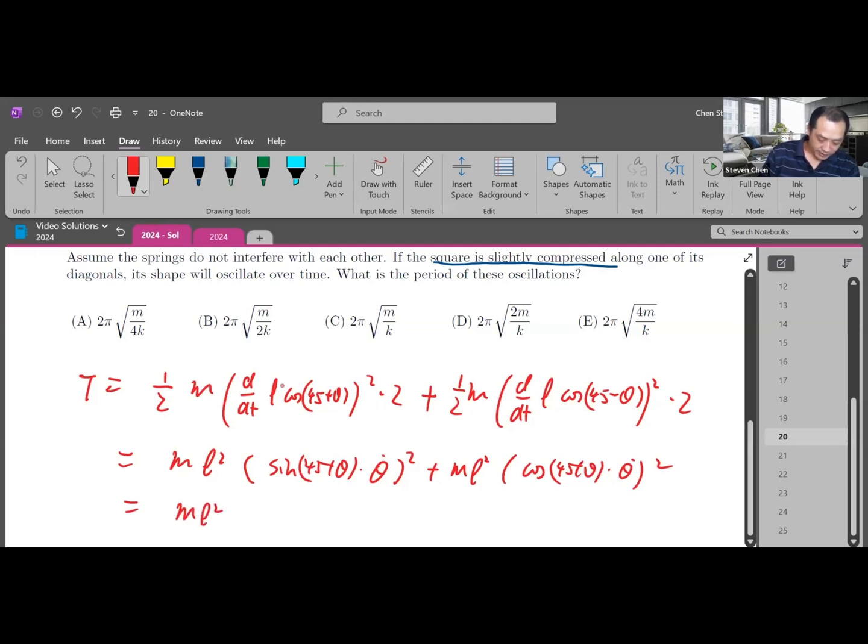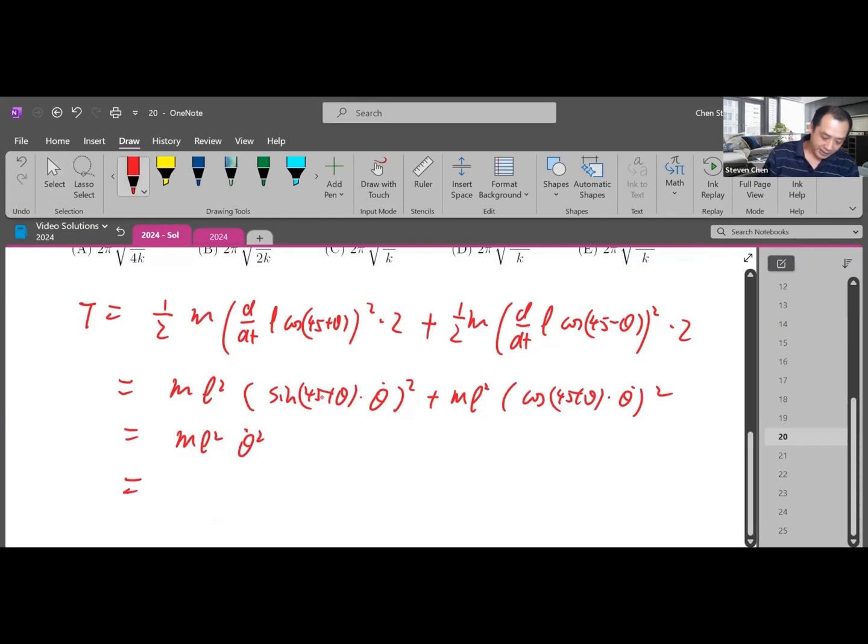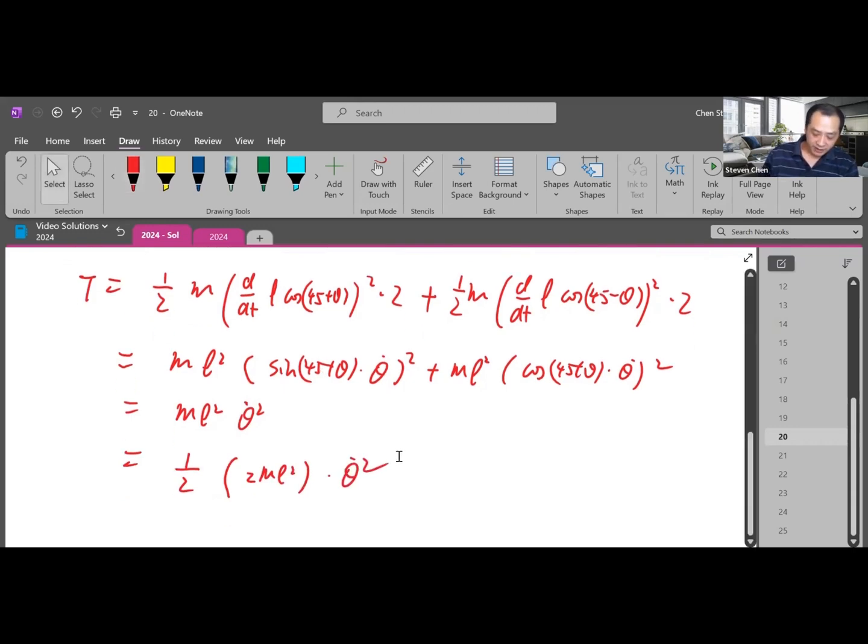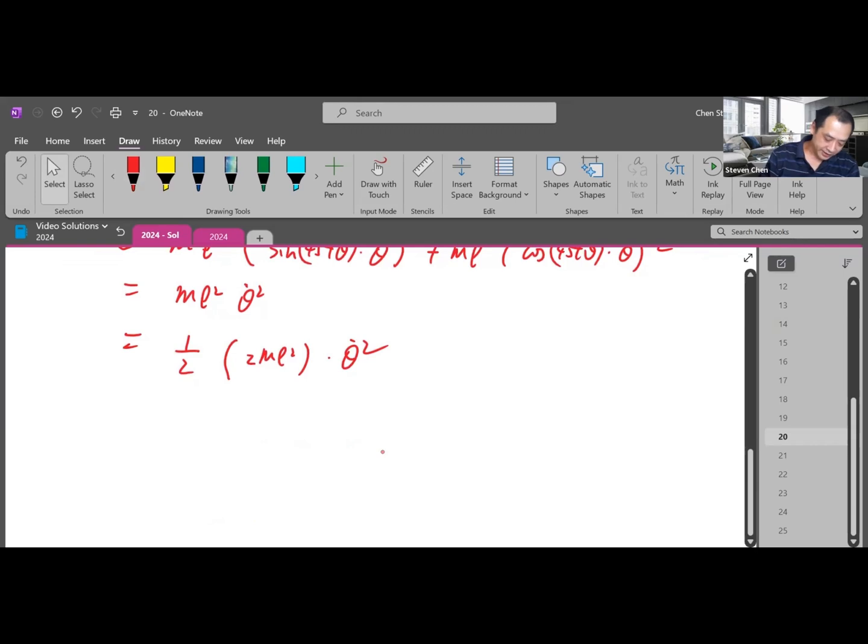So it's equal to mL squared theta dot squared. You write it in the standard form as 1/2 of 2mL squared times the square of the derivative of the generalized coordinate. This is the kinetic energy.